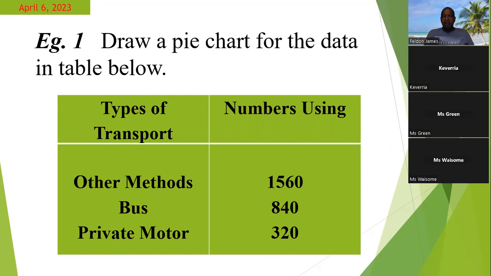So for instance, for other methods of transport, you would see from the table that you would have 1,560 persons who opted to use other methods of transportation.